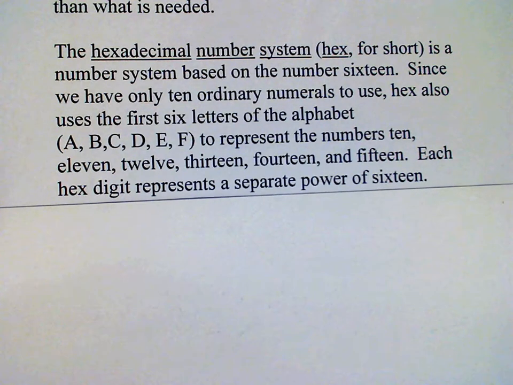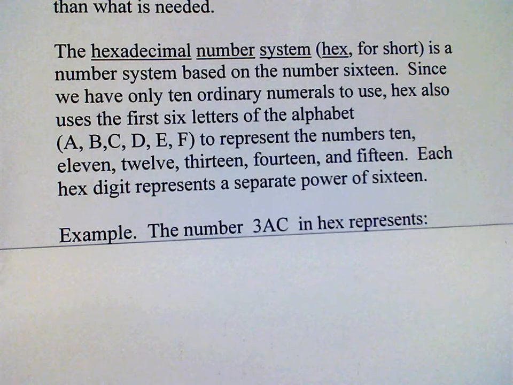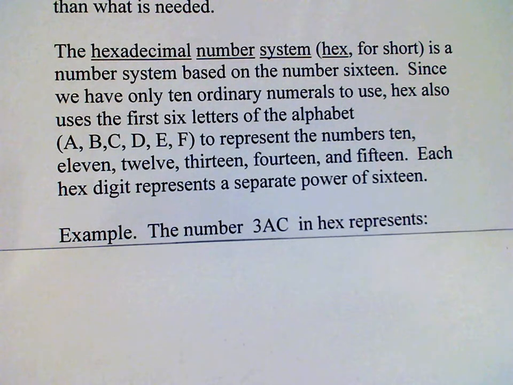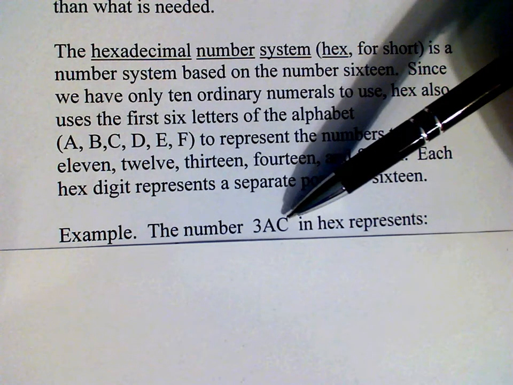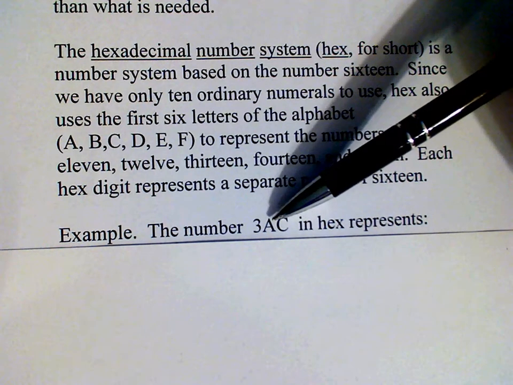And just as in these other bases, each hex digit will represent a separate power of the base, in this case 16. So for example, we have the number 3AC. So the C, remember, it's going to represent the number 12, so 12 units. And then A, you remember, that represents the number 10.